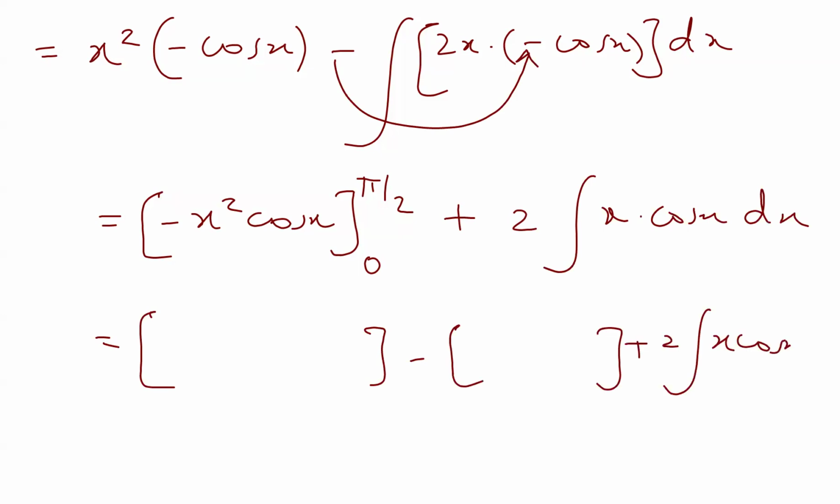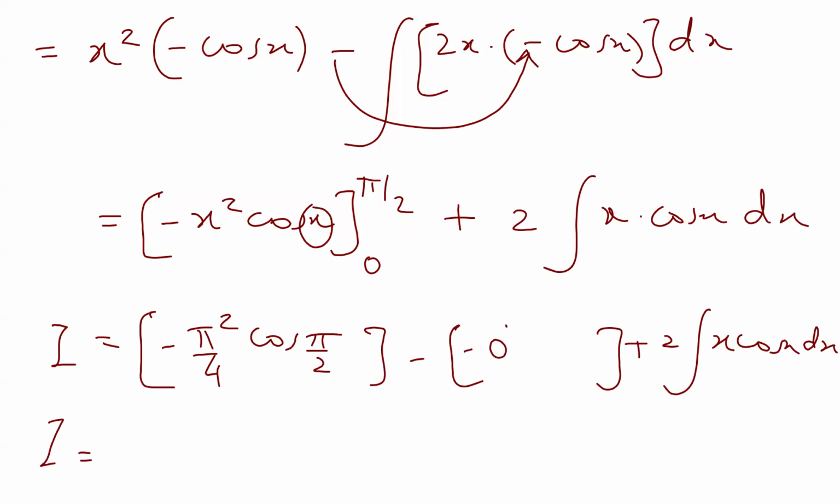Minus pi square by 4, put the value of x as pi by 2, and in the second bracket put x as 0. The second bracket is going to be 0 because 0 square into cos 0 is 0.